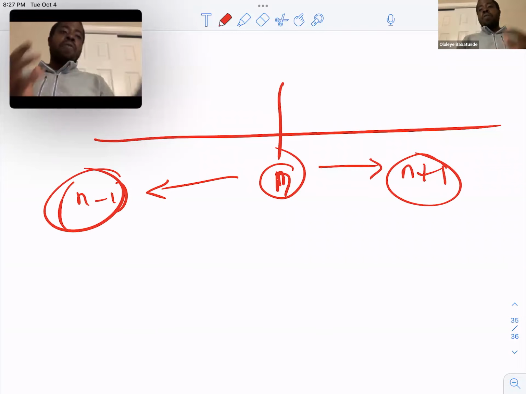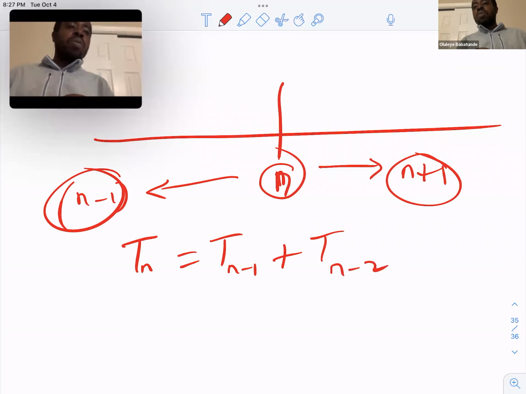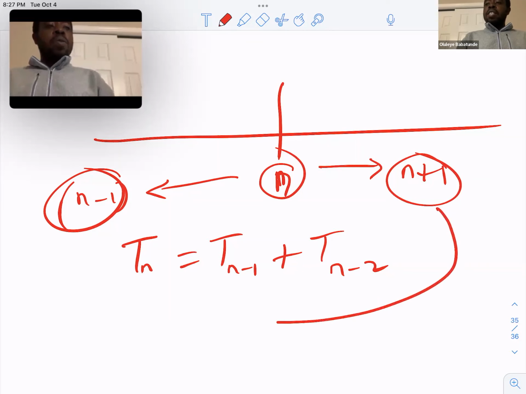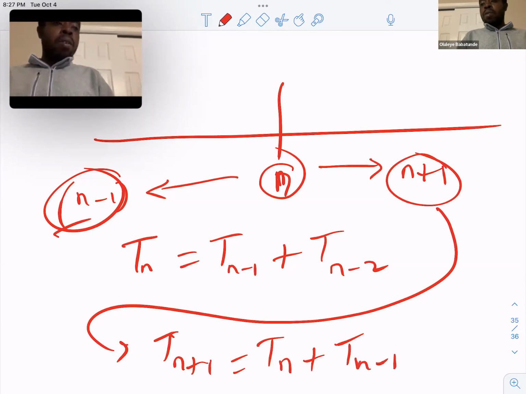For an expression, for instance, you can define Tn in terms of Tn minus 1 plus Tn minus 2. You see, I can define this one here, Tn plus 1, in terms of Tn plus Tn minus 1.